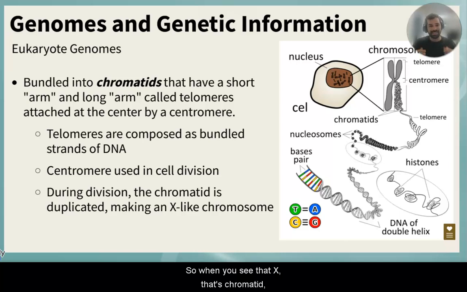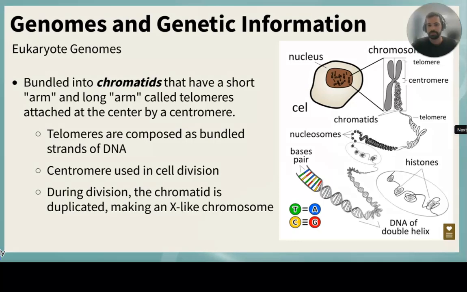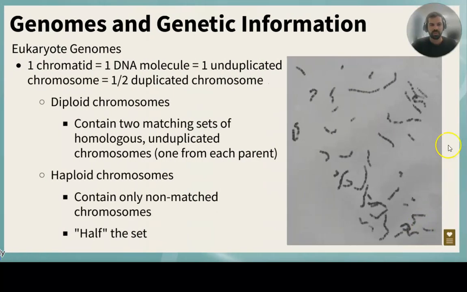So when you see that X, that's an unduplicated chromosome that has been duplicated to have two sets of the same DNA. So each chromatid is one DNA molecule, one unduplicated chromosome, but then that can get duplicated, and then we use chromatid to refer to half of that duplicated chromosome.